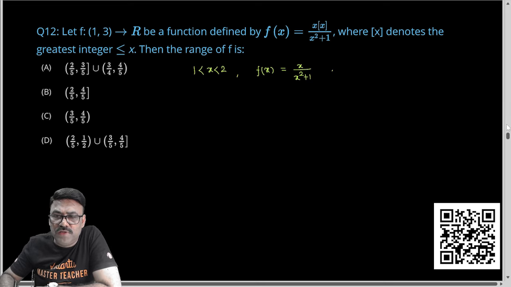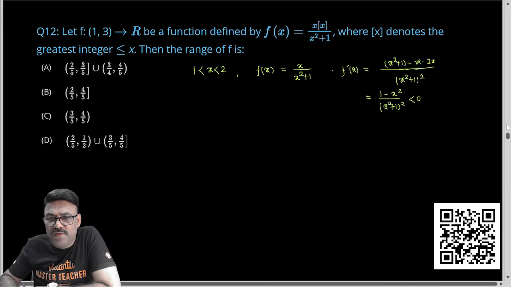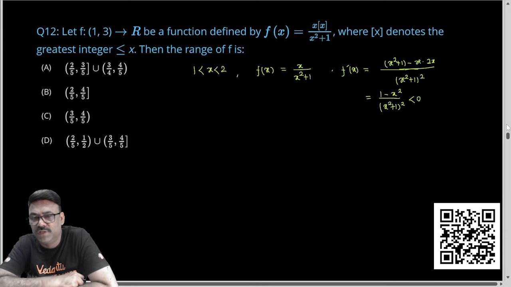So if I check its derivative, it is denominator times derivative of numerator minus numerator times derivative of denominator, over denominator whole square. So it is 1 minus x square over x square plus 1 whole square. And you can see that this derivative is negative in the interval 1 to 2. For x greater than 1, the derivative is negative.